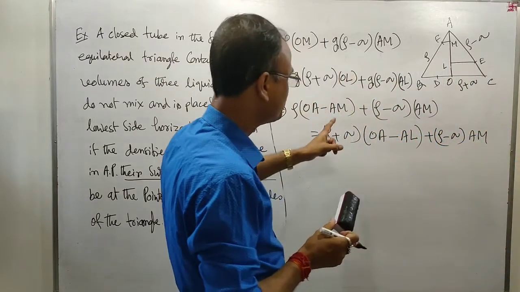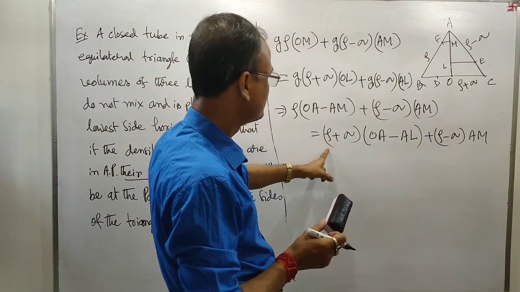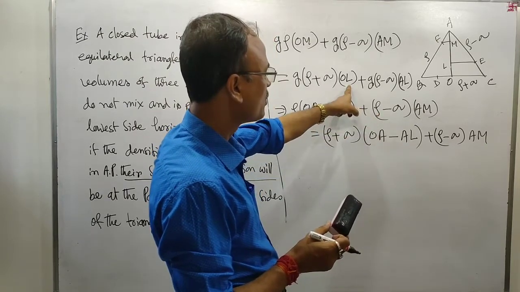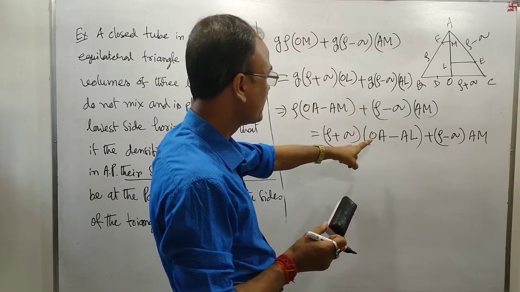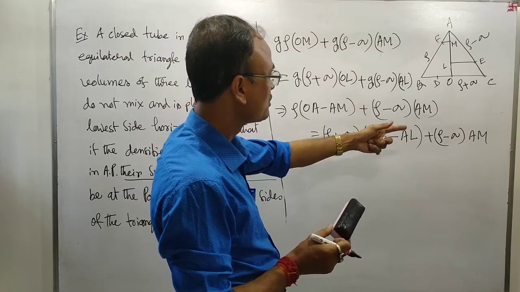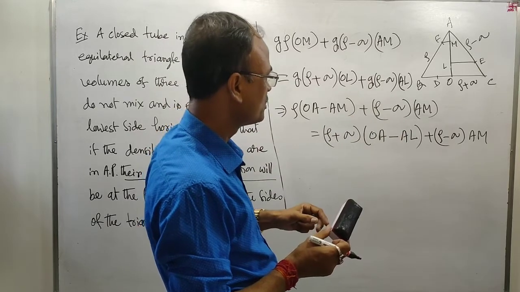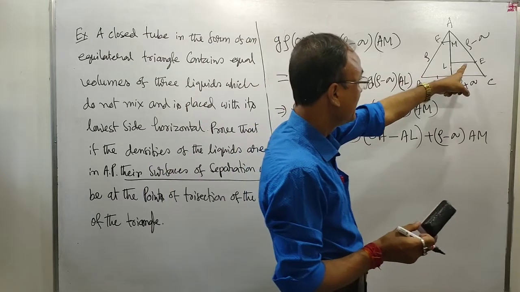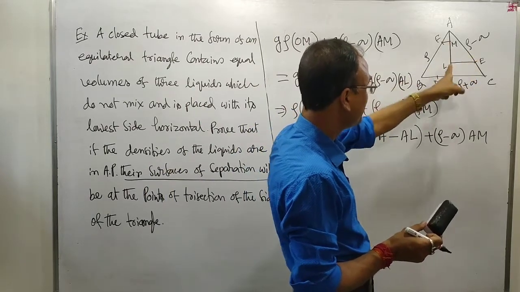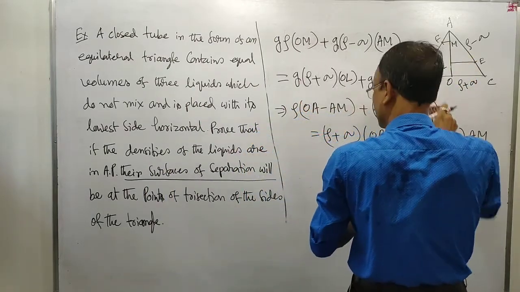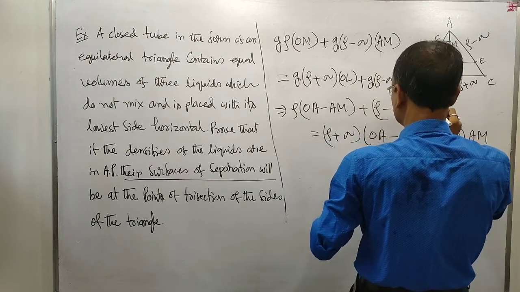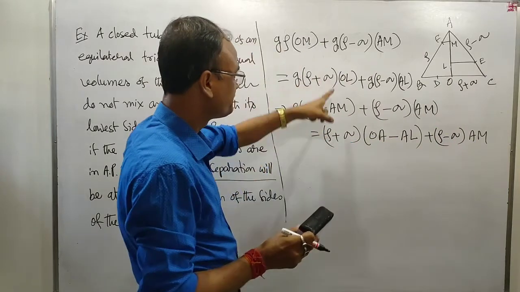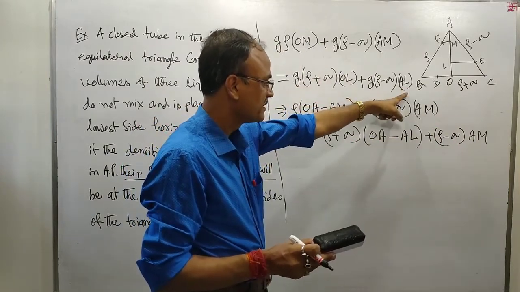Am I right? It is OL, OL means OA minus AL. Oh no, it is not AM, it is AL. Rho minus sigma, I am sorry. On the right hand side it is rho minus sigma times AL. Yes, AL is written.